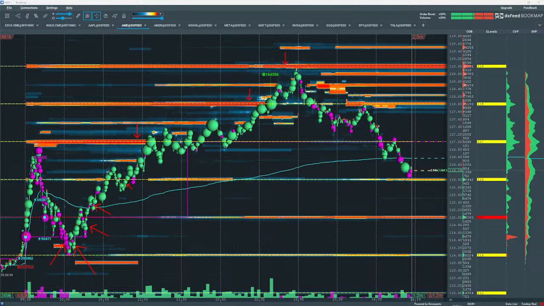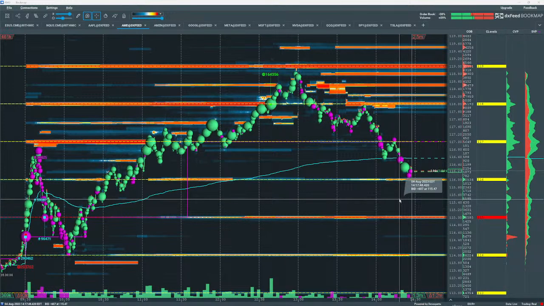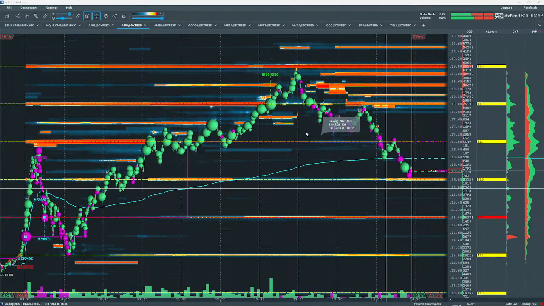So that's right around 1 o'clock. And remember, options traders took their foot off the gas around that time, and price is now moving lower.